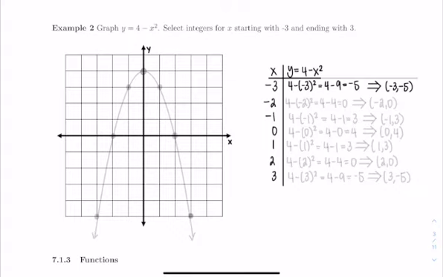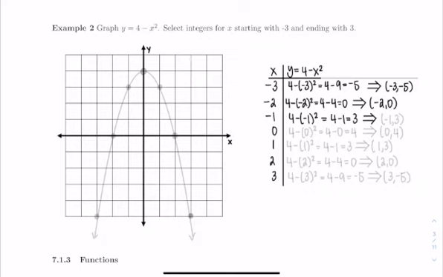We're going to do the same process with the rest of our x values. So we have 4 minus negative 2 squared, and that's 4 minus 4, and that's 0. And so the ordered pair for this one is negative 2, comma, 0. Plugging in negative 1, we have 4 minus negative 1 squared, and that's 4 minus 1, which is 3.